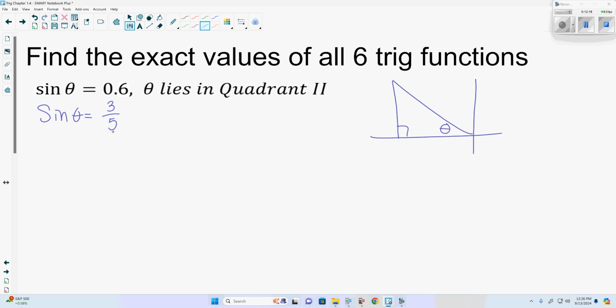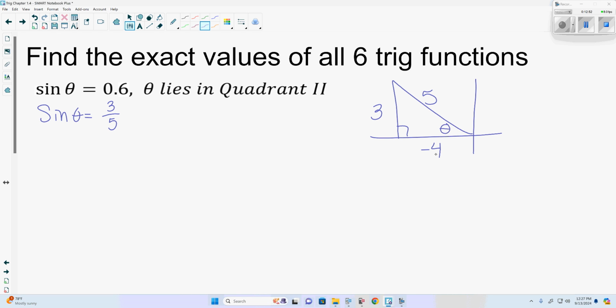And the reason I do this is sine is what? Opposite over the hypotenuse. So opposite side for that angle would be 3. Hypotenuse would be 5. What would the adjacent side be? Any guesses? 4. Specifically, for this case, it would be negative because we're in the negative x-axis. So we keep the signs true to the points on the coordinate plane.